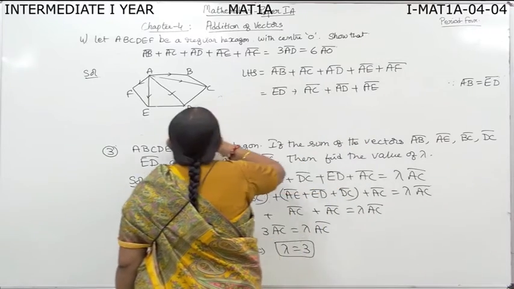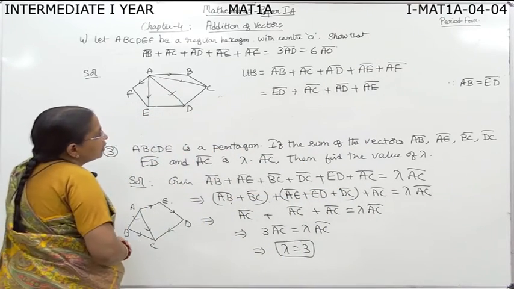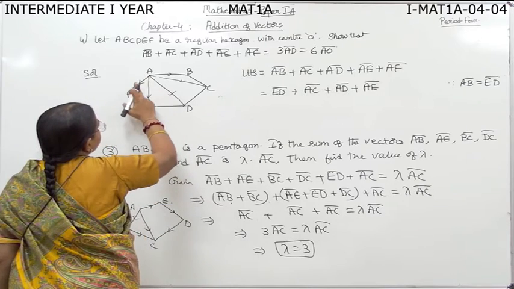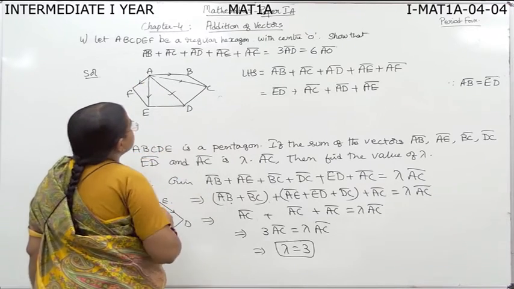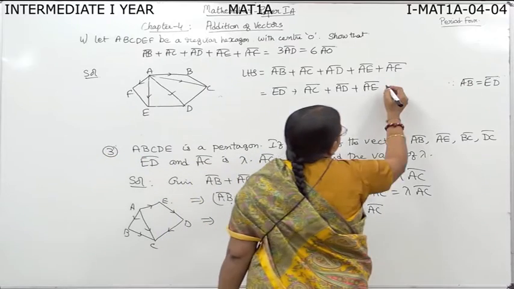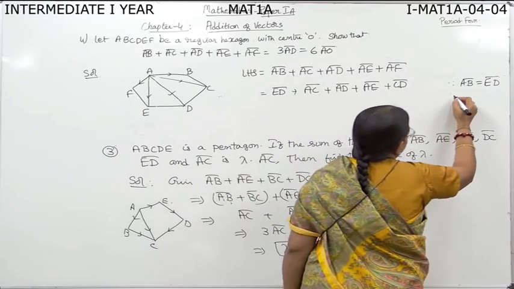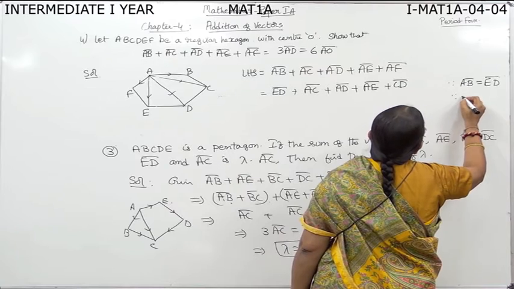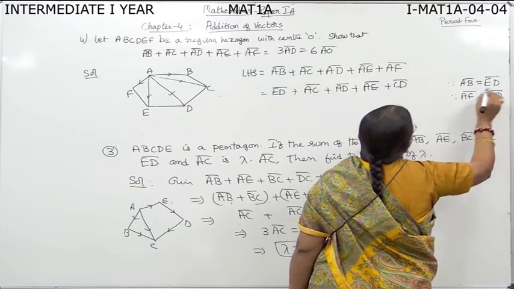AE plus ED is AD, so one AD we will get. Next AF. AF is nothing but CD, so we'll write AF as CD because they are equal and in the same direction. Their length is the same.